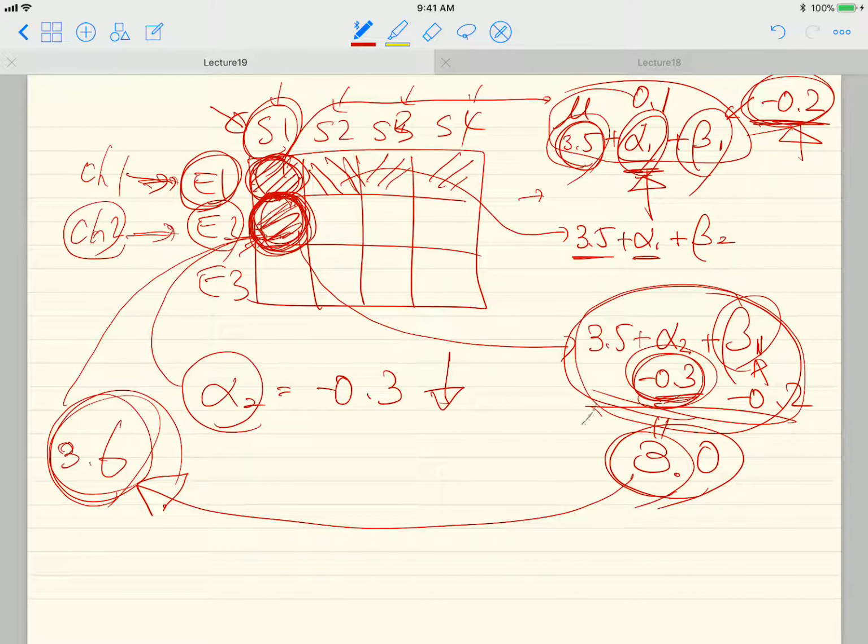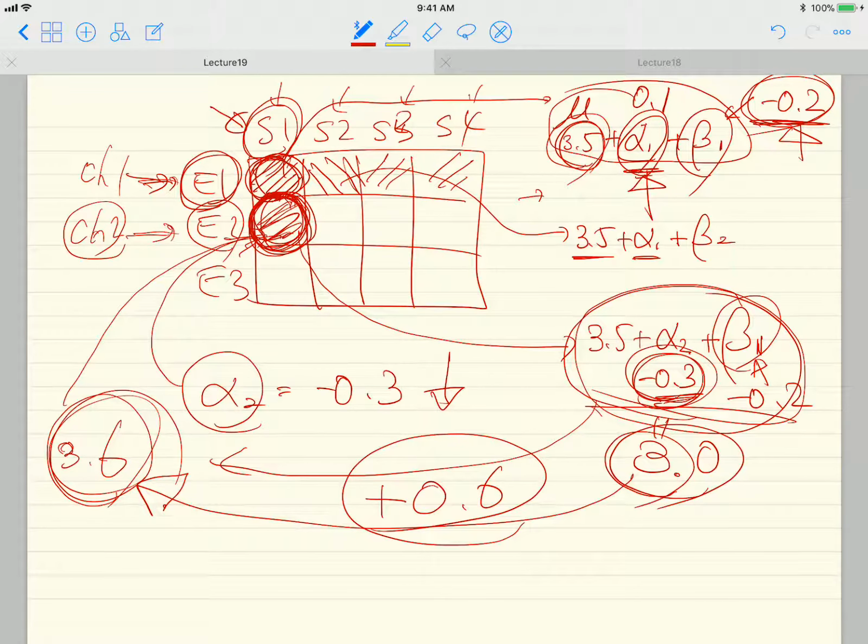So what is the difference from this? It is 0.6. Where did this 0.6 come from? It came from the combination of this particular student and that particular exam. What is the name of it?